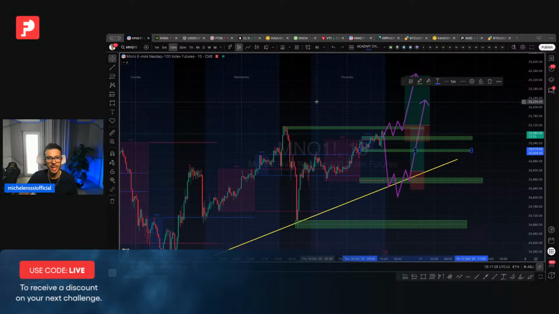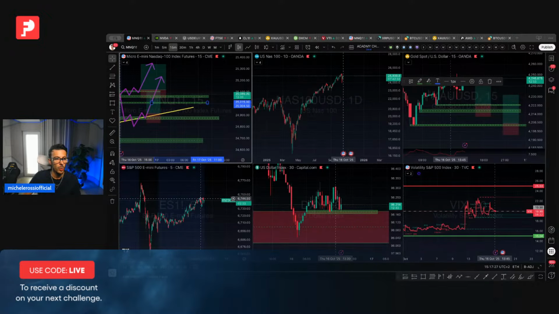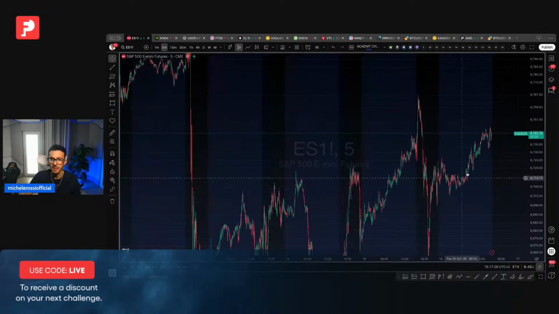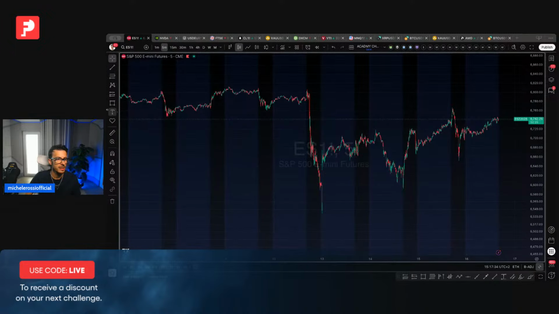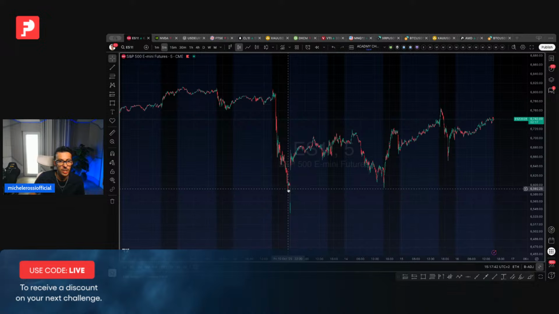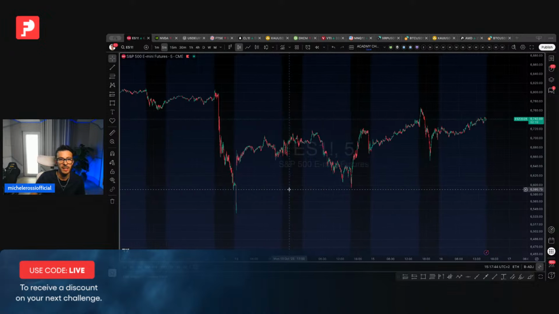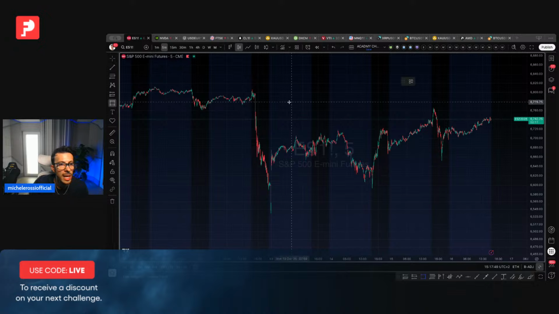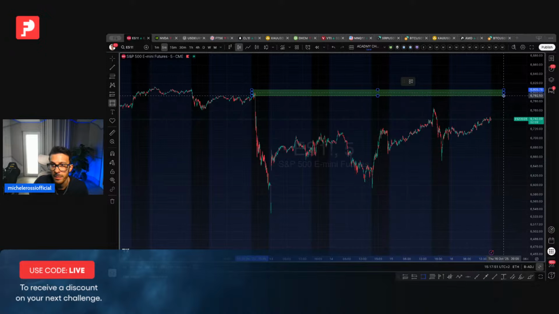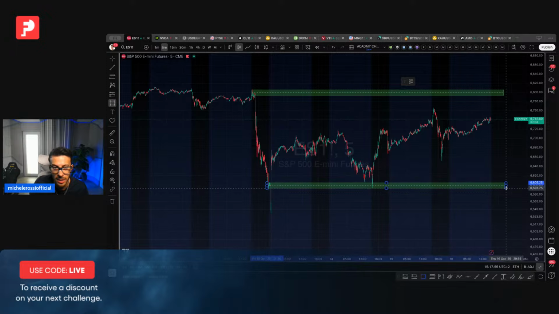And I'm going to pair this with the S&P 500 future. You can use this strategy both on Nasdaq, the S&P, whatever, and it's pretty much the same markup on the chart.